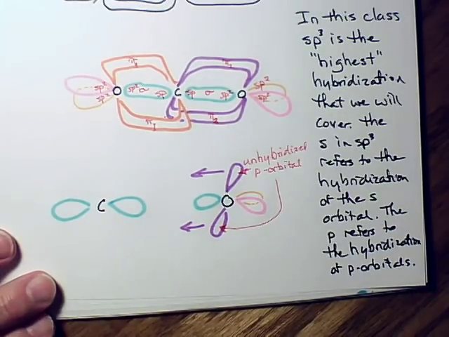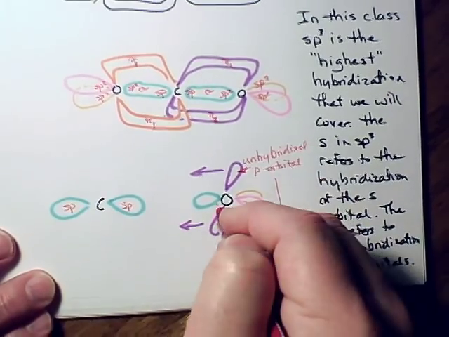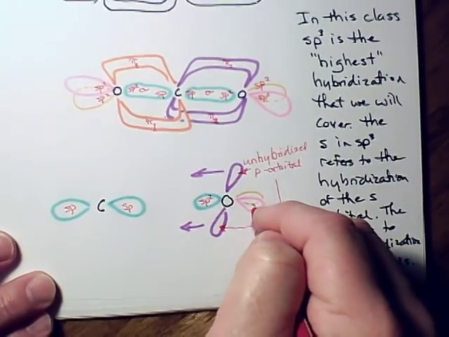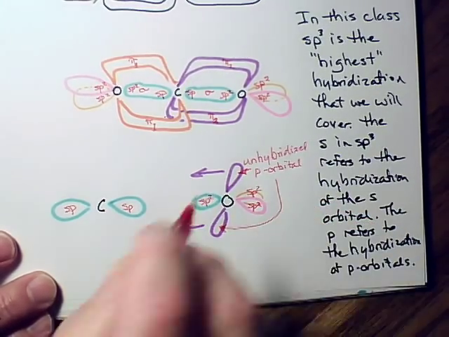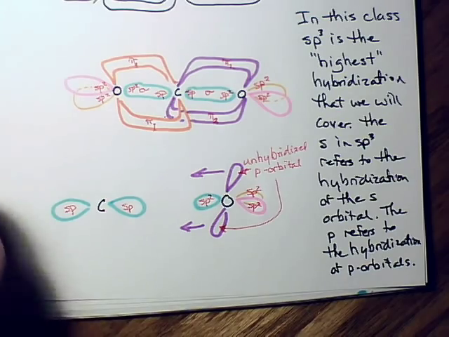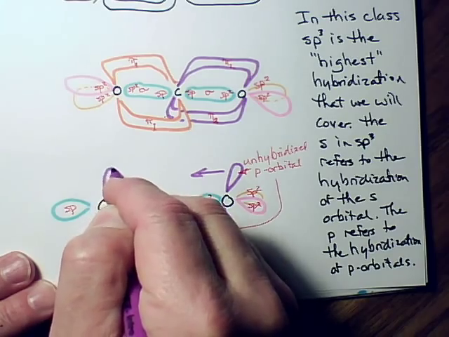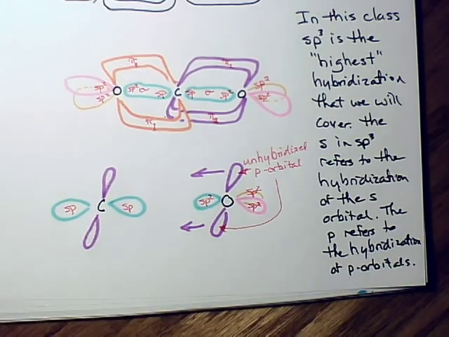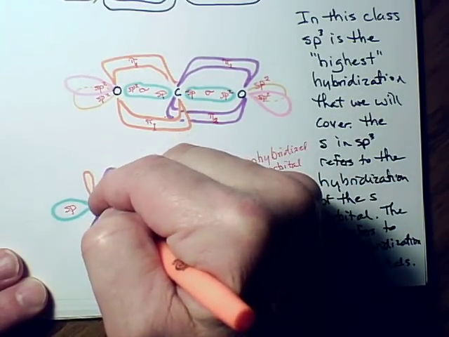Okay? This is an sp hybridization. This is an sp2 hybridization. Okay? So I've got 2 p orbitals that are not hybridized. One p orbital is here, and another p orbital is running 90 degrees to that.